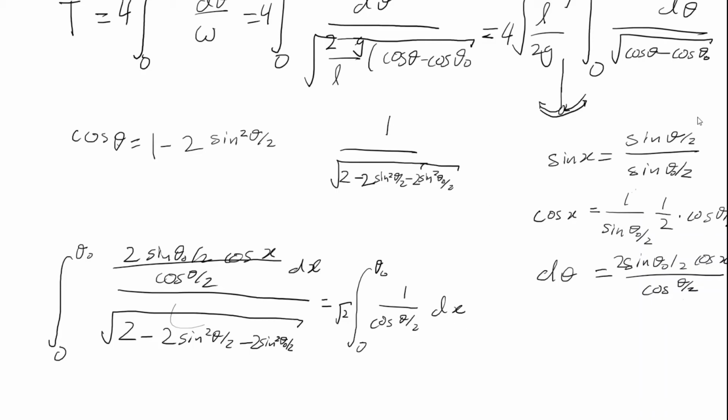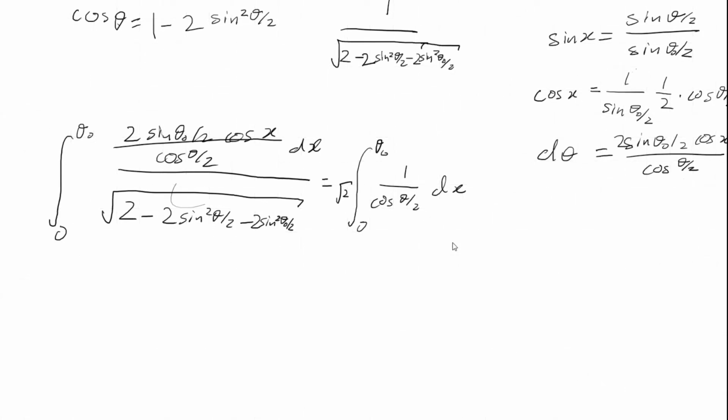So that's going to be equal to root 2 integral from 0 to theta naught, oh that was ugly, of 1 over the square root of 1 minus sine squared x and sine squared theta naught over 2 dx.